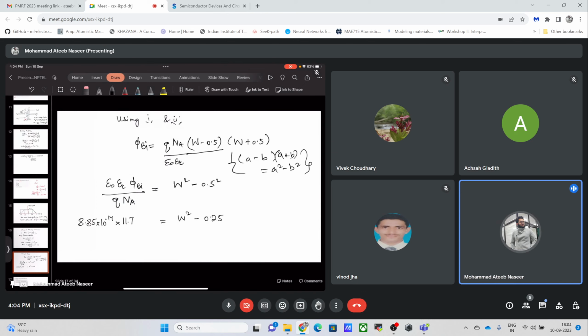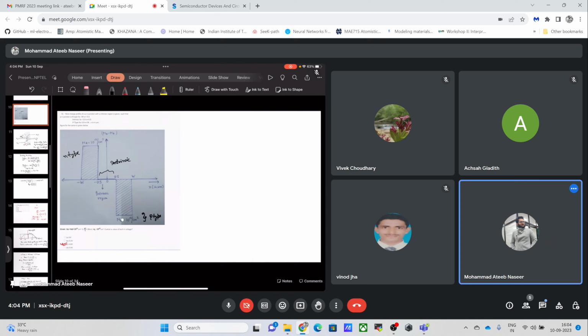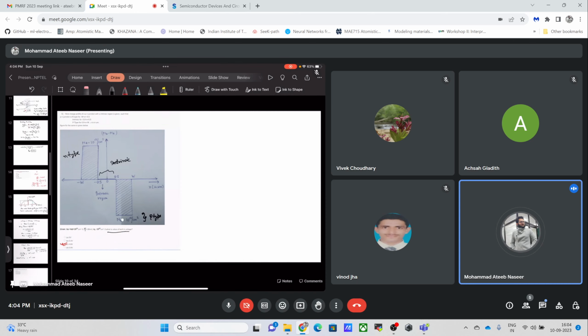And this phi bi, let me check again, yes, this is the built-in voltage that we had found out to be equal to 0.6.